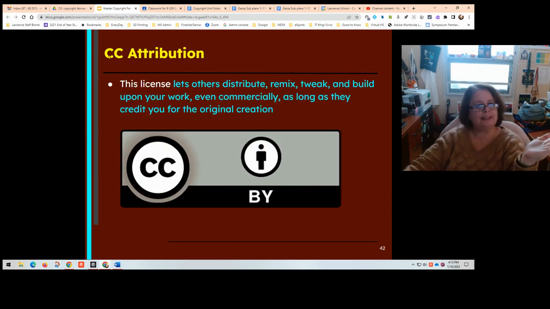The first license, which says CC attribution, means that it lets others share, which is distribute, remix, change, tweak, and build upon your work, even commercially, which means for money, as long as you credit the original creation. I think I mentioned Buffy the Vampire Slayer before.